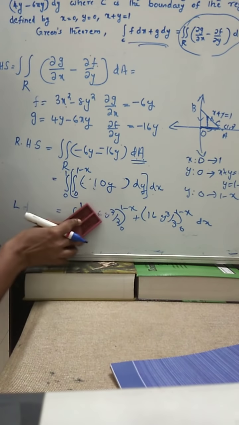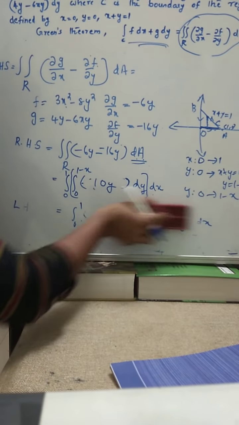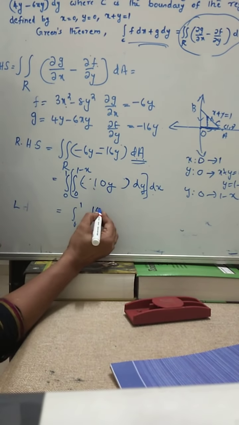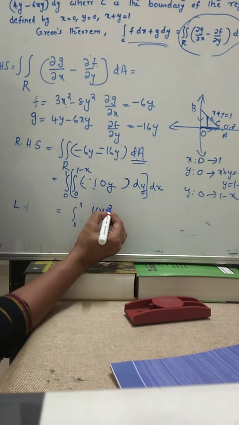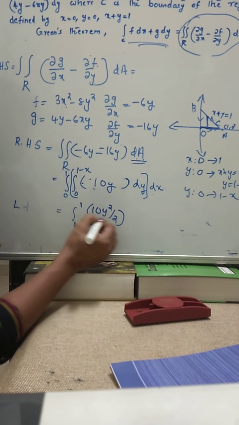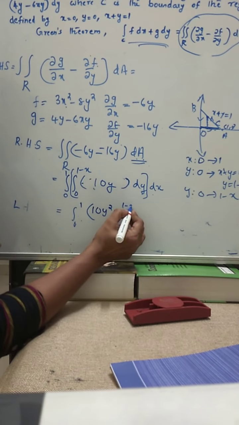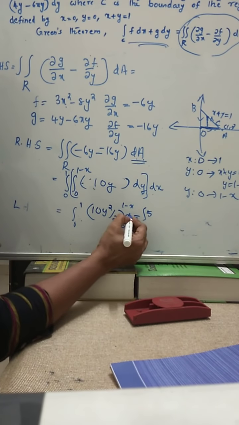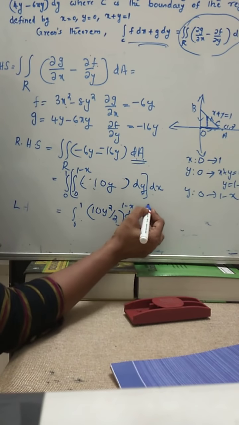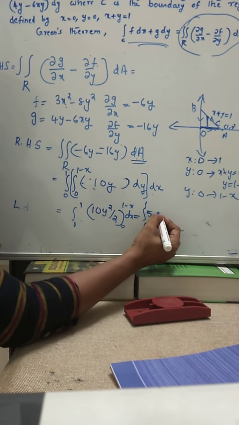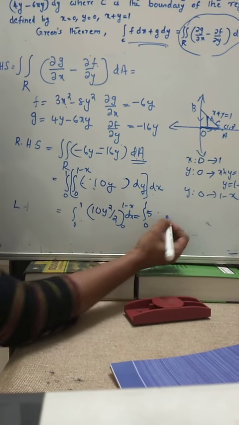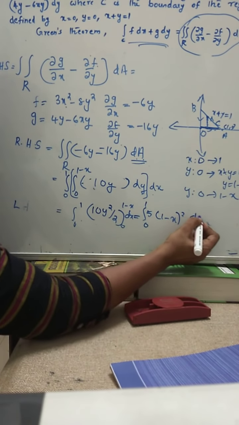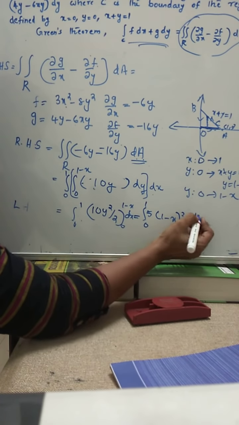So you can evaluate it to get 10y²/2 within the limit 0 to 1 minus x, so that it is integral 0 to 1 of 5, putting upper limit, 5 into (1 minus x) the whole square dx.